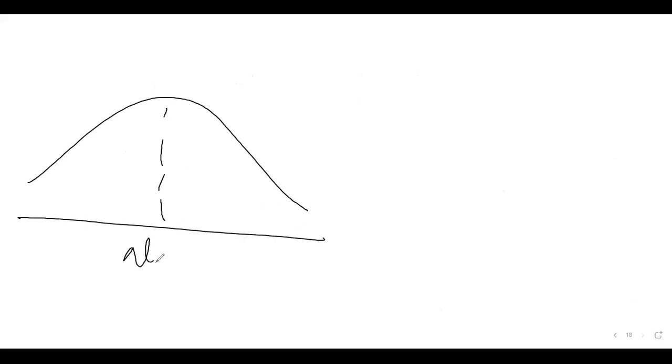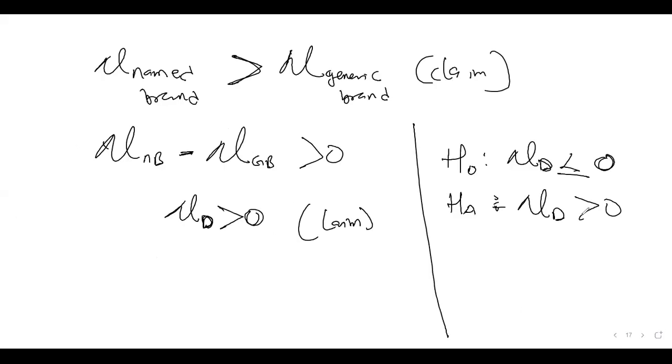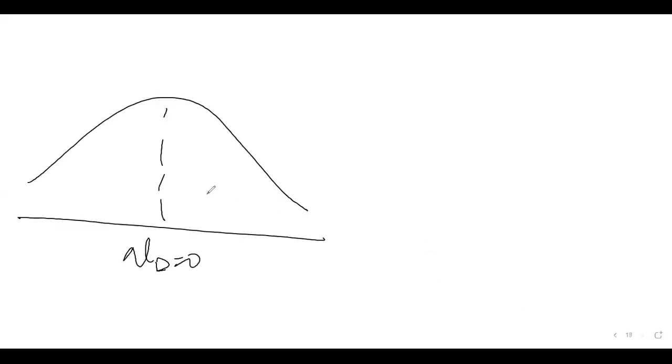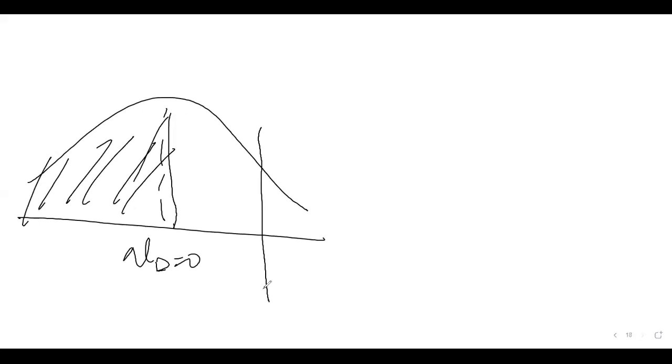So if I draw my curve like this, the difference is equal to 0, but the null says it should be less than or equal to 0. So everything here will be the acceptance region, but when we cross that critical bound, then we reject.